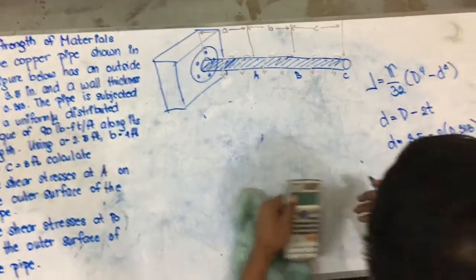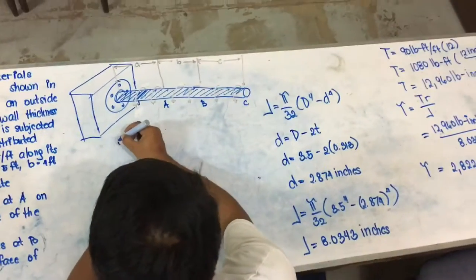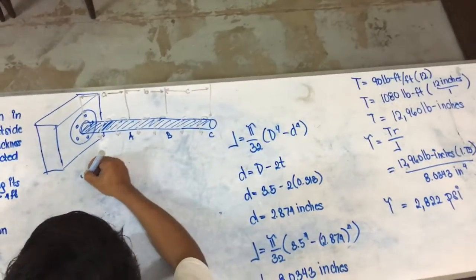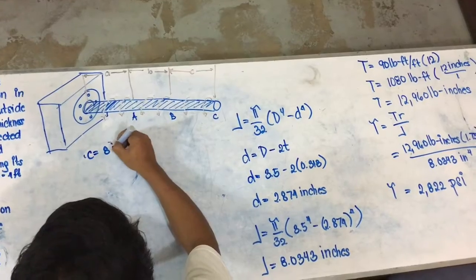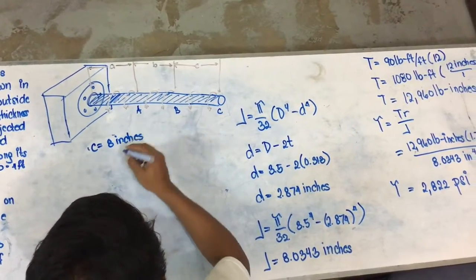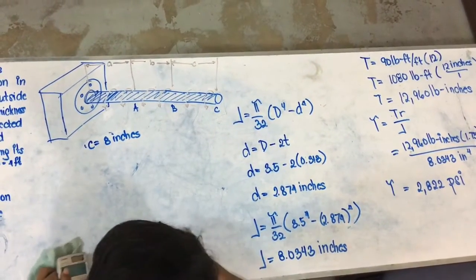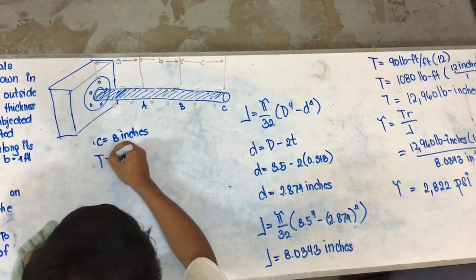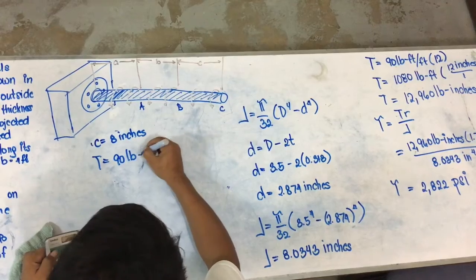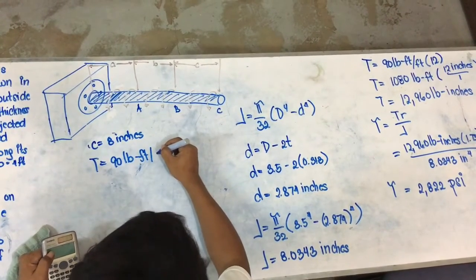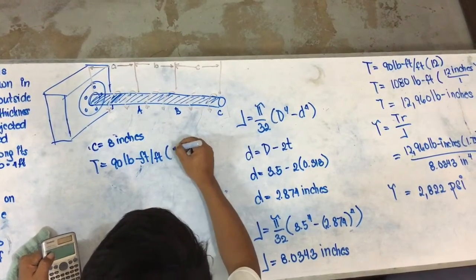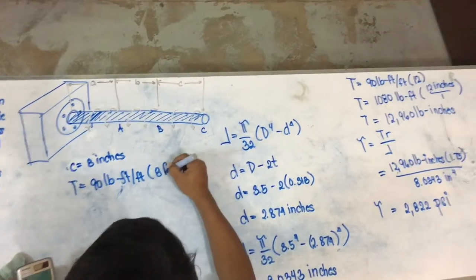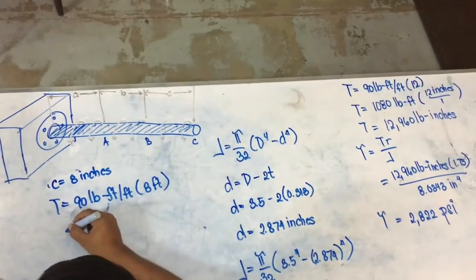We use only the 8 feet from C to B, where C is equal to 8 feet. But our polar moment of inertia is the same, because it is the same material. So our torsion will be 90 pound-feet per foot times 8 feet.